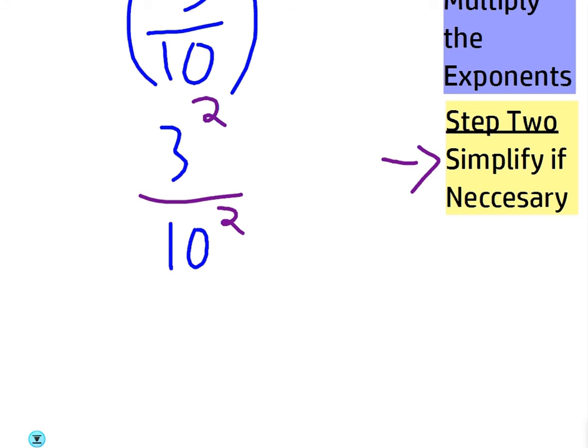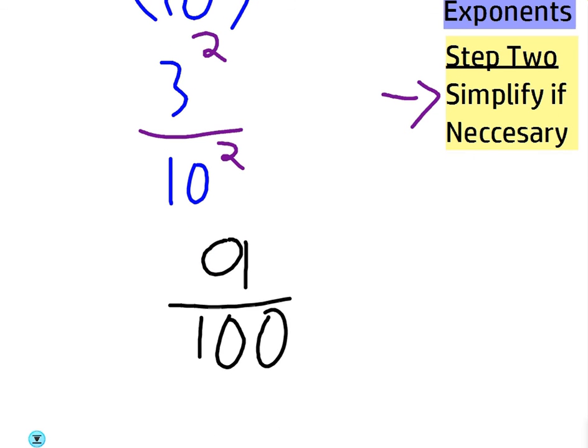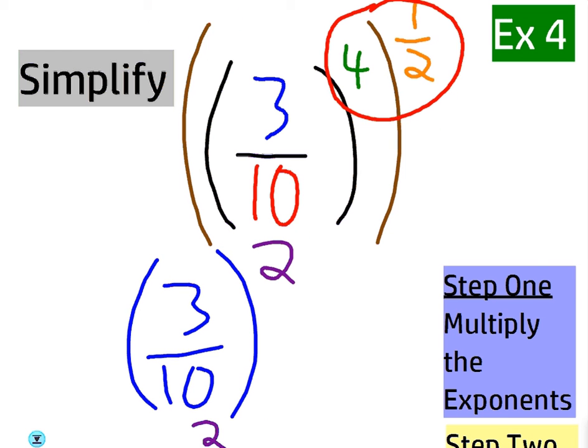So what's 3 squared over 10 squared? 9 over 100. So that's okay. One point I want to make here is it would be a lot harder to raise that to the 4th and then to the half. You see what I'm saying? It's a lot easier if you go ahead and multiply the exponents.